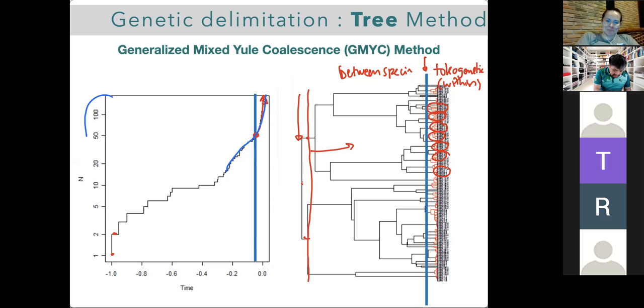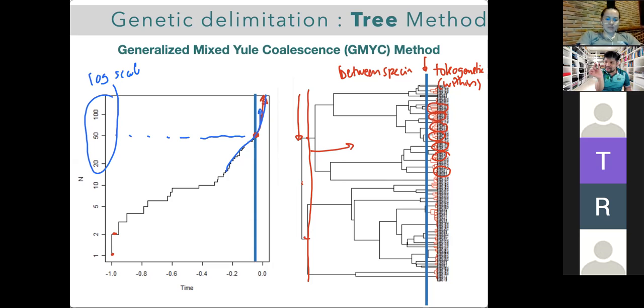And if you look at the scale here, it's not the normal scale, this is log scale. You go from 50 branches to 100 branches in a small distance, so you know that something is happening here. It's a change from between species to within species.